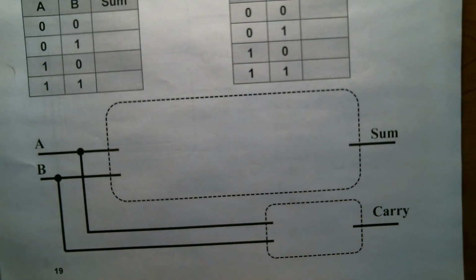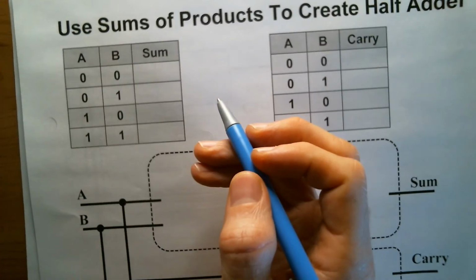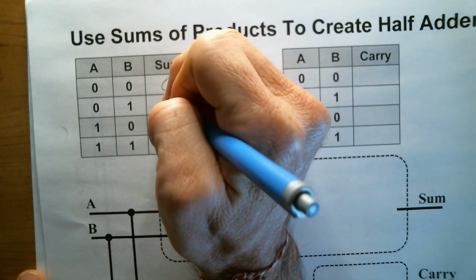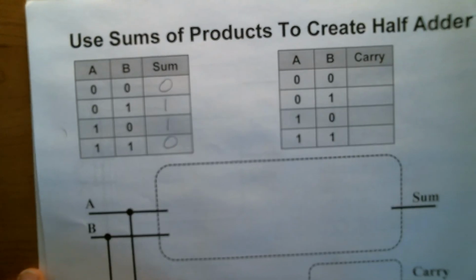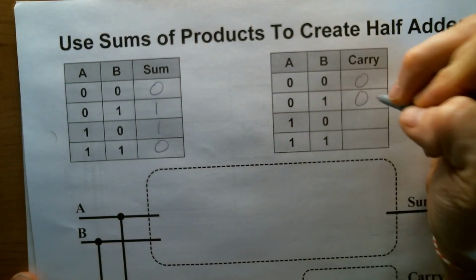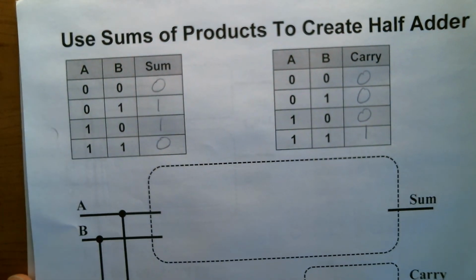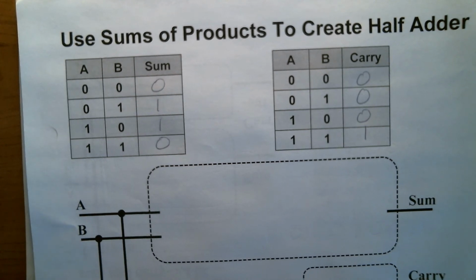All right, so let's create a half adder. We basically just did this. We saw that the sum is going to be 0, 1, 1, 0. And the carry is going to be 0, 0, 0, 1. So we're going to use that sum of products algorithm that we just talked about to create a half adder.